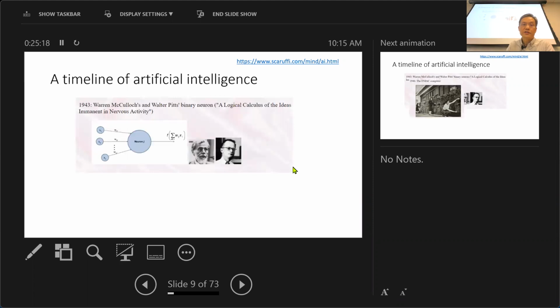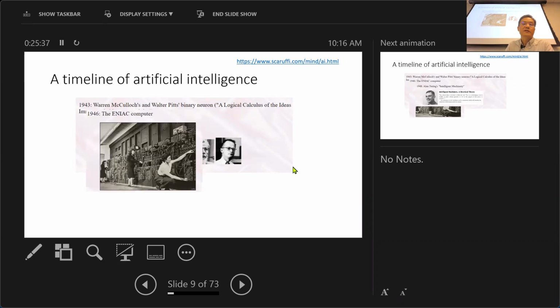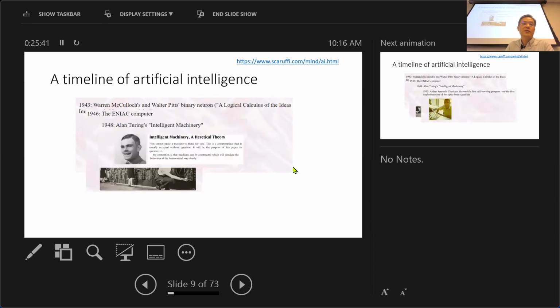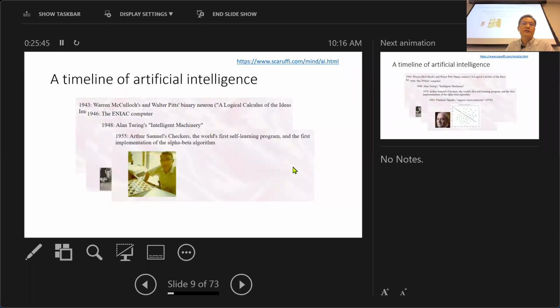We actually mentioned this in the first lecture when I introduced the timeline of artificial intelligence development. You see the neuron, the computational neuron concept, was introduced in 1943. That's even earlier than the first computer was created, and Alan Turing's method in the 50s.